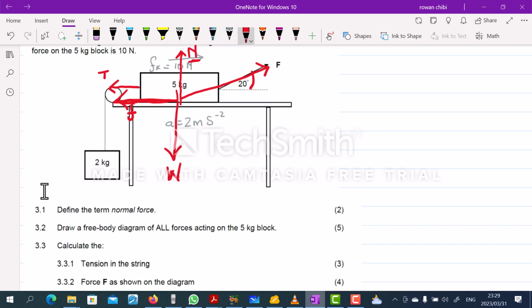Now we must define the normal force. What is a normal force?